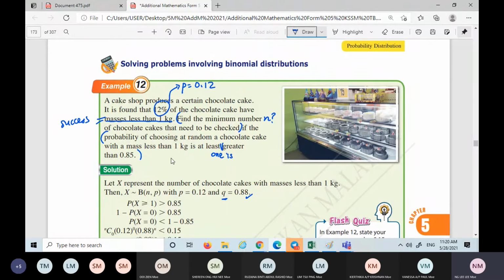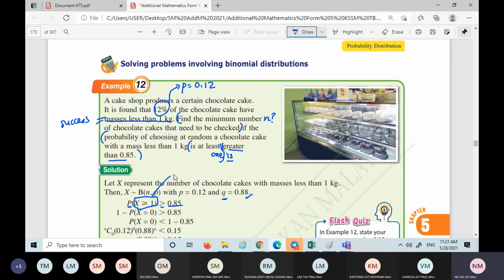So now the probability is greater than 0.85. Probability of what? Probability of choosing a random chocolate cake with a mass less than 1 kg is at least 1.